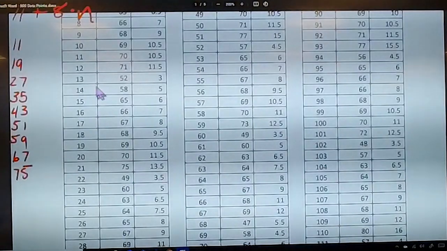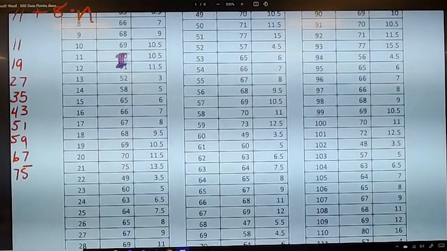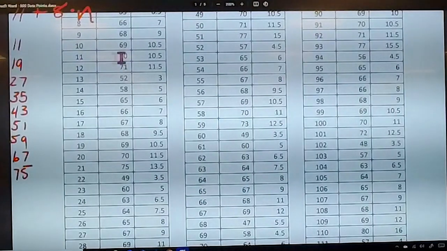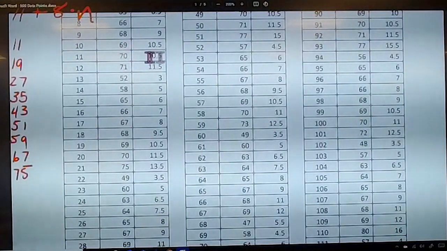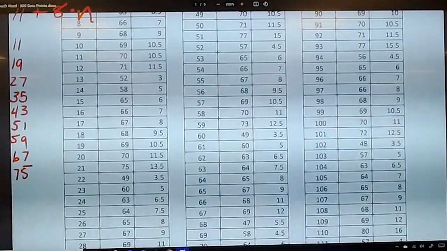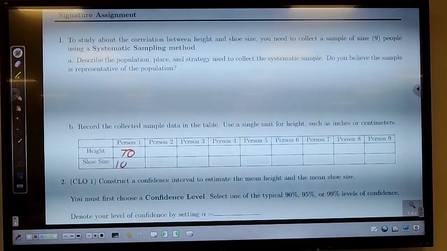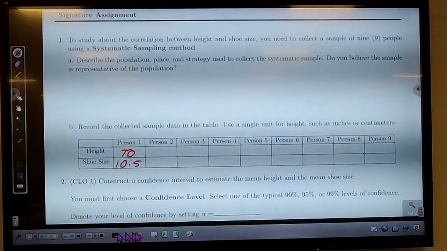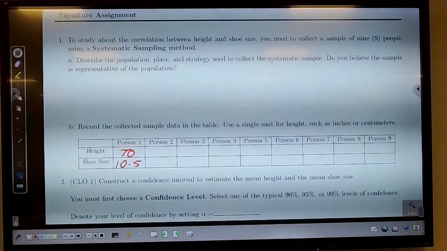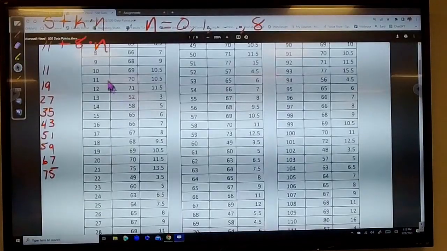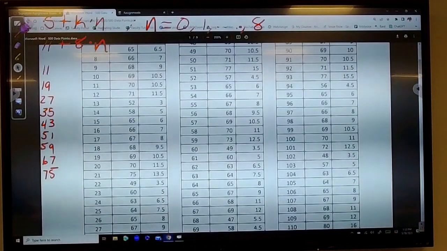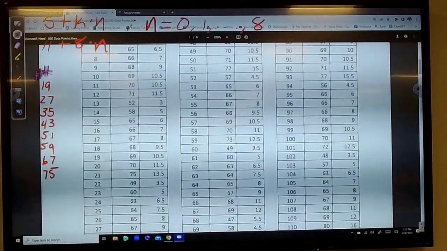Let's see. So number 11 has a height of 70 inches and a shoe size of 10.5. And that takes care of number 11.